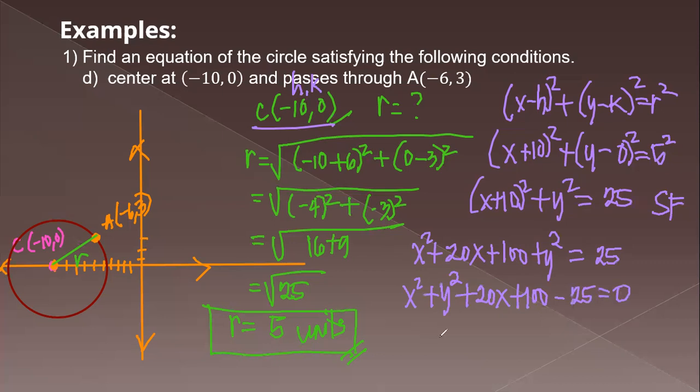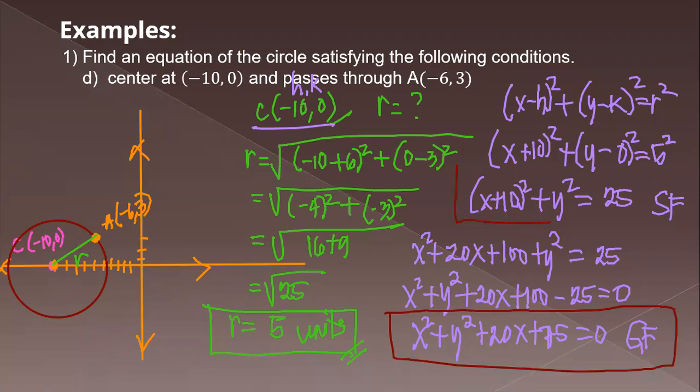So we have now x squared plus y squared plus 20x plus 75 equals 0. This is our general form, and this is our standard form. That's how we're going to get the equation of the circle.